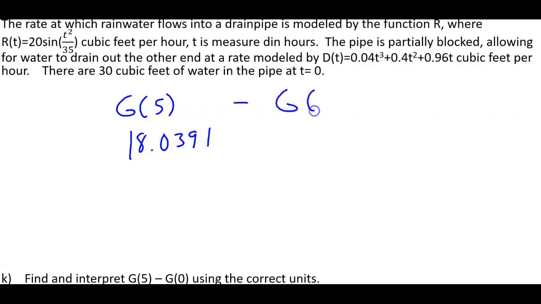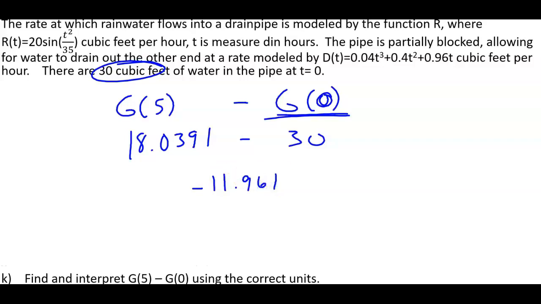And G of 0, well, you got to understand what G is. G tells us how much fluid is in the pipe, and T is the time. So if the time is 0, how much fluid is in the pipe? Well, that means how much fluid was in the pipe at the very beginning, and that's 30. And so if we go ahead and do 18.039 minus 30, we get negative 11.961.